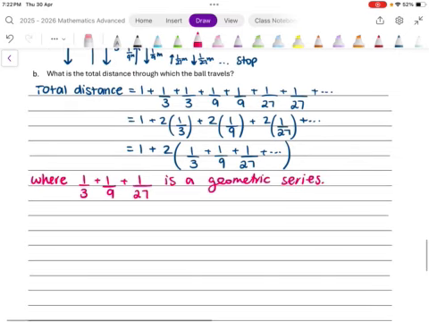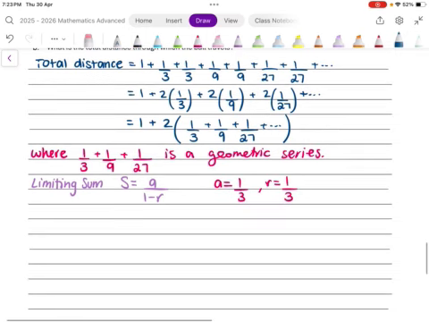We can then use our limiting sum formula. So our limiting sum formula will help us calculate our sum. It's a limiting sum because it's going to stop. So limiting sum is S equals A over 1 minus R. This is where our A is 1/3. Our R is also 1/3 here.